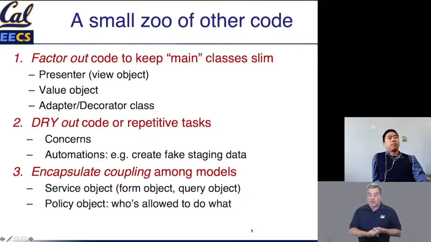Specific cases of service objects that often arise in software as a service, one of them is a form object. So in the simplistic case, when you start using Rails, when you present a form on a page, that form is usually related to a particular model. But you can imagine a form that touches multiple models.